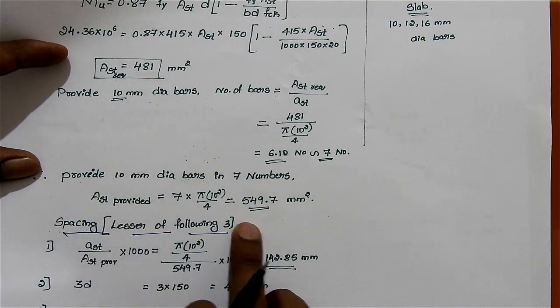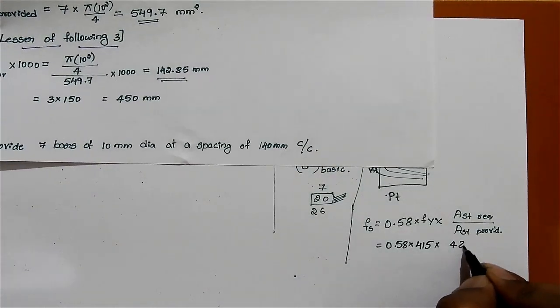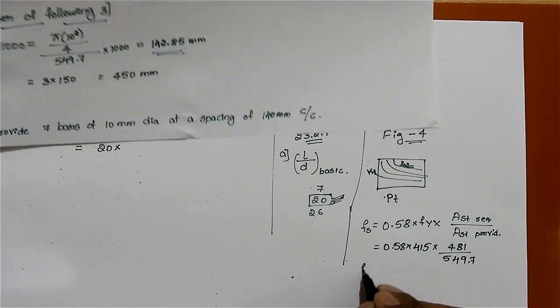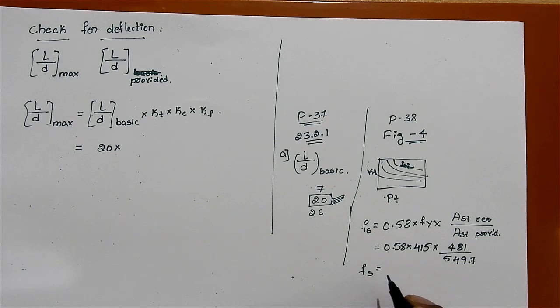AST required is 481 and AST provided is 549.7. So 481 divided by 549.7; if you calculate this, you will get an Fs value of 210.